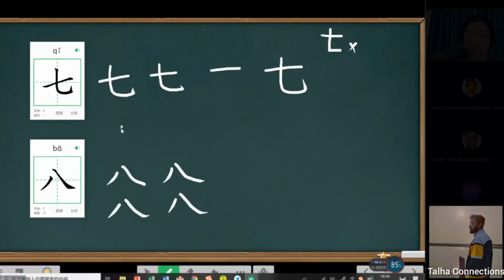If you write like this, it's incorrect. If you write in this way, it's not correct. So do not write ba in these 2 ways. There must be some gap between the first stroke and the second stroke. Okay, that's ba, which means 8.